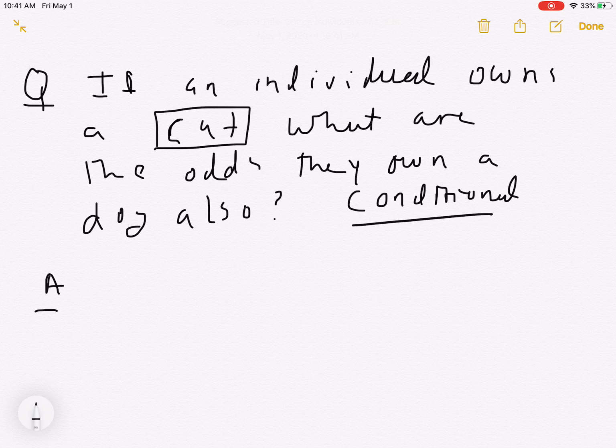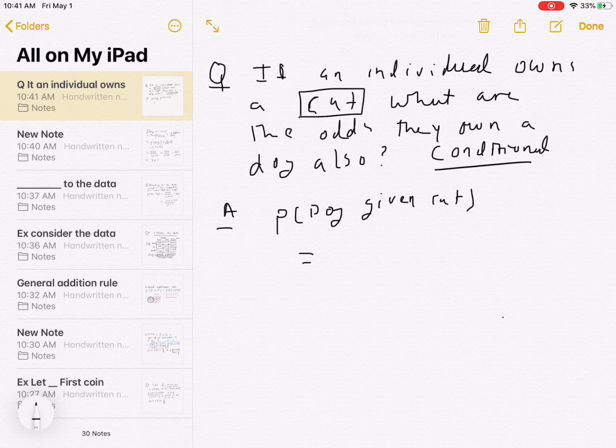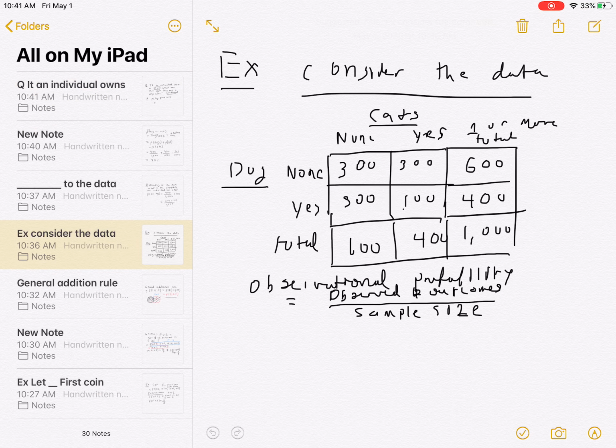So probability of dog, and this will be given cat. We're told we can calculate probability in a number of ways, the number of ways we can get a dog divided by the total number of outcomes. Now let's go back to this data. Well, probability of dog is not going to be 40%.